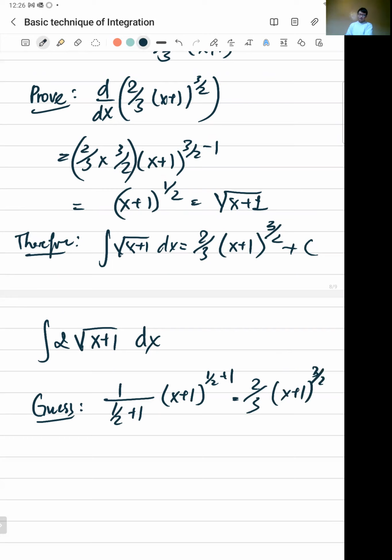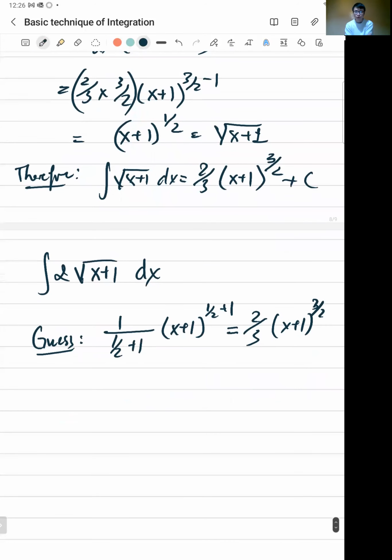All right. Sorry, this is my equal sign. Now the problem is I have a 2 out there. So what I would do is multiply this bracket here, so that'll be 4 over 3.